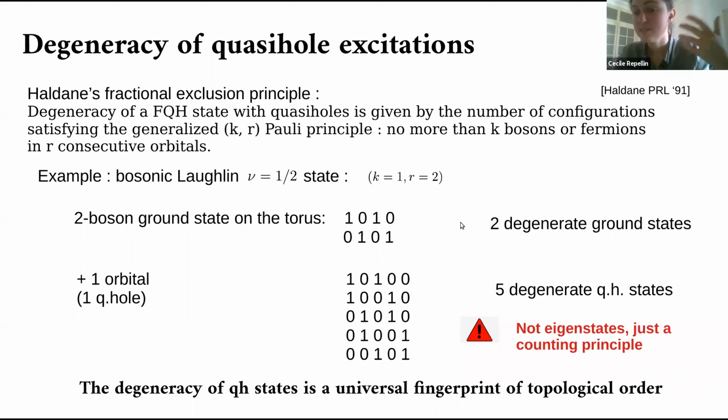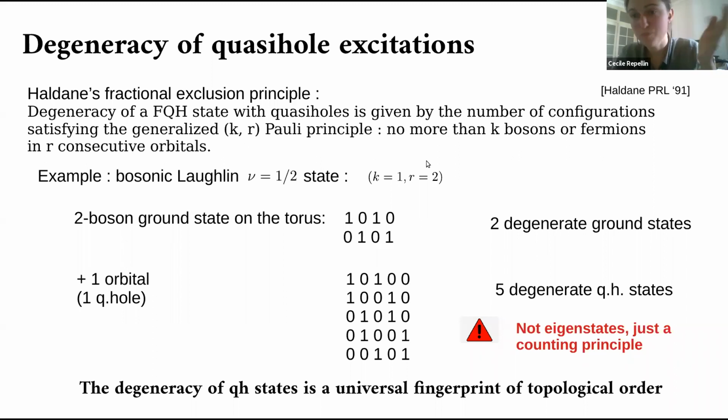Yet, as a counting principle, I can use this rule. So it seems like I'm taking this out of the hat, and it's just magic. There is a rigorous proof in the disk geometry based on counting Jack polynomials, which tells you why this rule works.